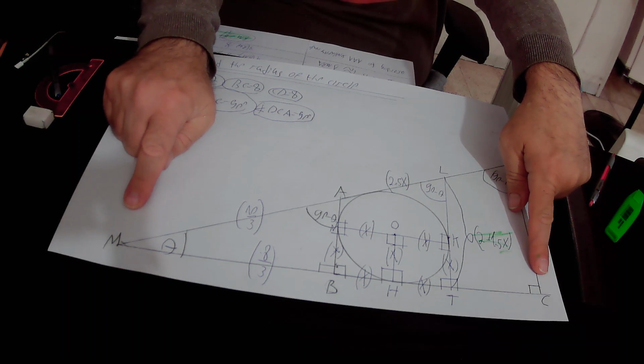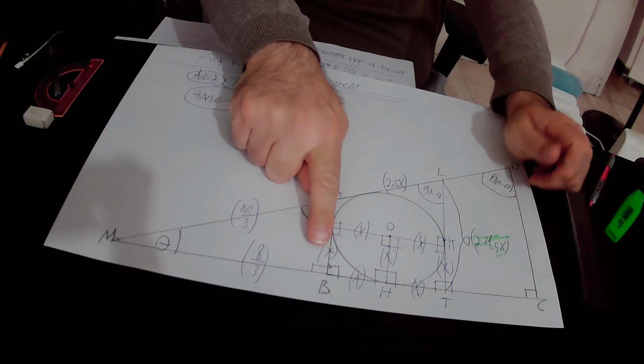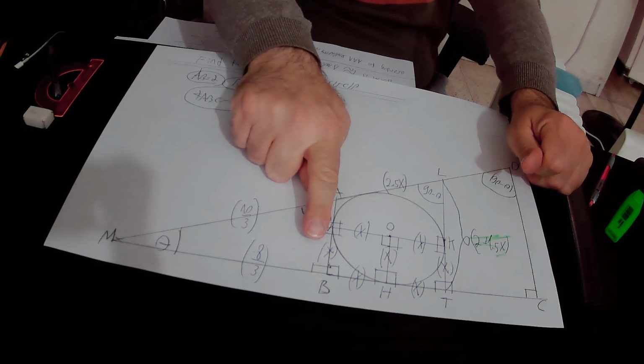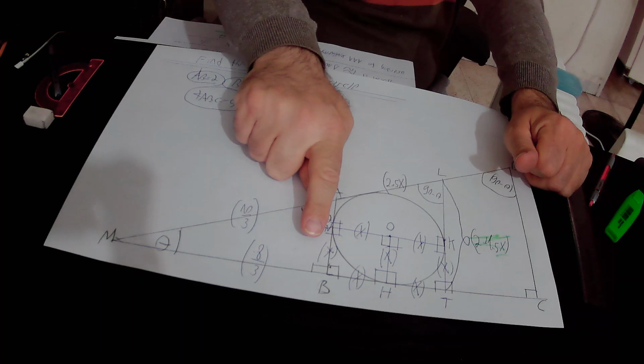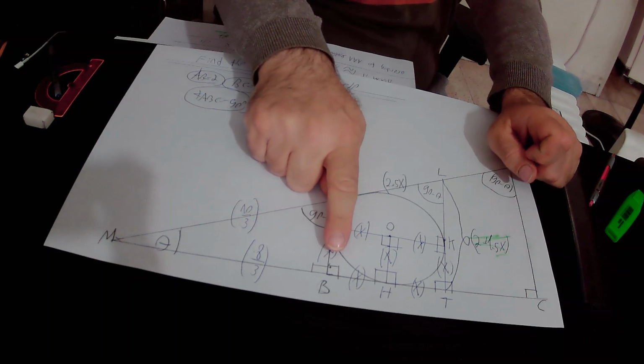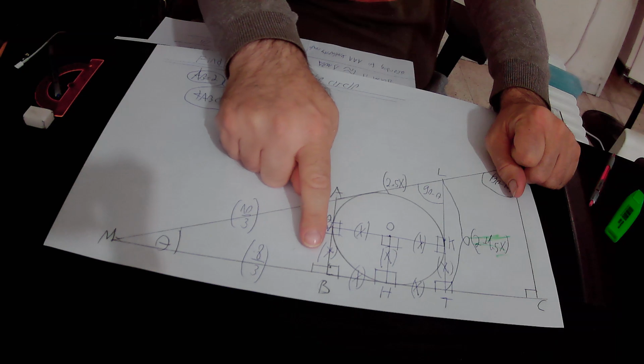If we focus on the upper side of this straight line CM at point B, the sum of the angles must be equal to 180 degrees, according to the rule that the sum of the angles on one side of a straight line equals 180 degrees. So which angles do we have at the upper side of CM at point B? We have this right angle, which equals 90 degrees, plus the missing angle ABM.